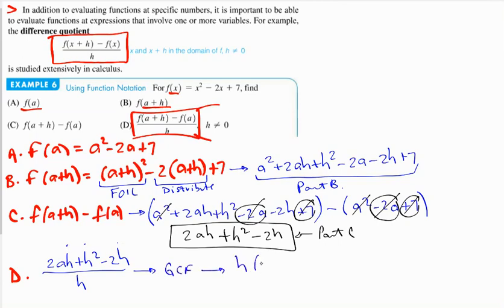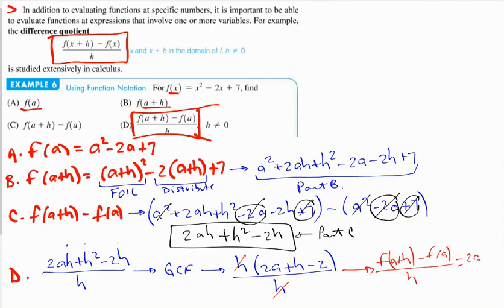And that'll give us an h times 2a plus h minus 2. And now this h cancels with the denominator, and we're left with f of a plus h minus f of a over h is equal to 2a plus h minus 2. That is our difference quotient for the function f of x.